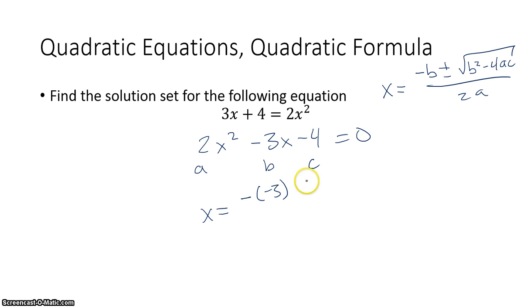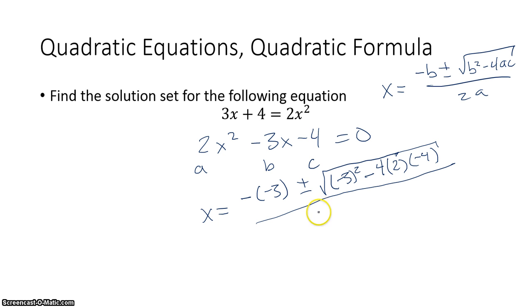When you're doing these substitutions for the quadratic formula, it's a good idea to put them in parentheses. Minus 3 squared minus 4 times 2 times c, which is minus 4, all divided by 2 times 2, which is 4.